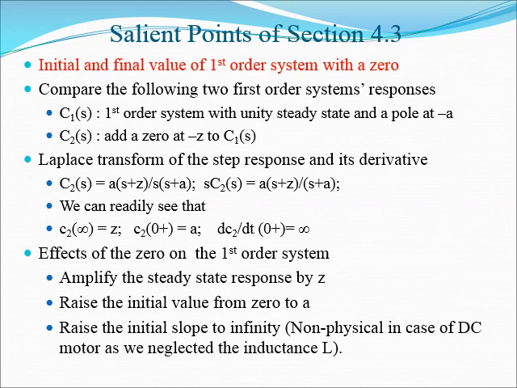So that incomplete or simple model resulted in a first order system. That is not physical, because a DC motor cannot immediately go to a very high speed and then come down to its steady state speed.